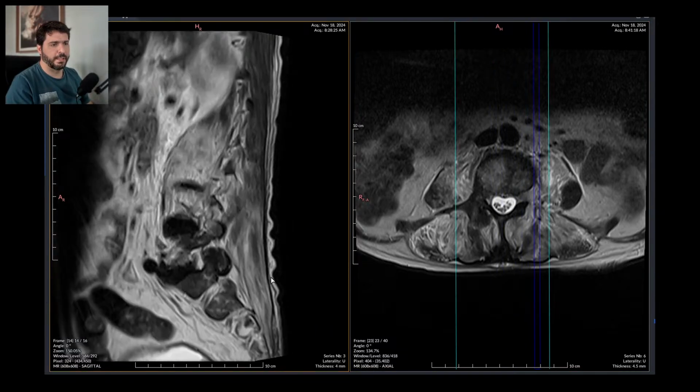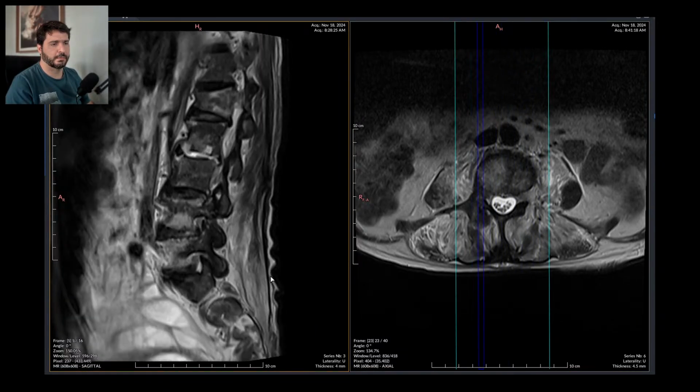Let's see how bad the arthrosis is. I could say it's severe. Why not? And all the stenosis and the atrophy of the muscles.